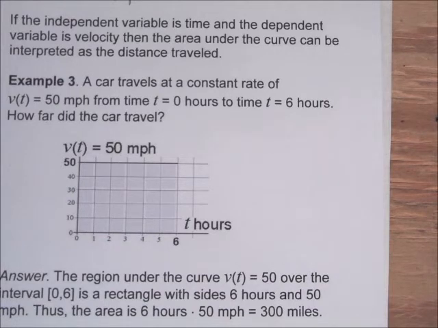Example 3: a car travels at a constant rate of v of t equals 50 miles per hour from time t equals 0 hours to time t equals 6 hours. How far did the car travel?